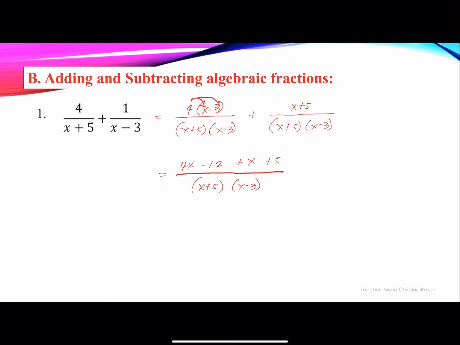Simplify further, you can combine like terms: 4x and x gives you 5x, and negative 12 and 5 gives you negative 7, all over x plus 5 times x minus 3, and that is now your answer.